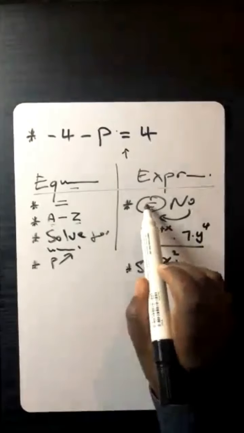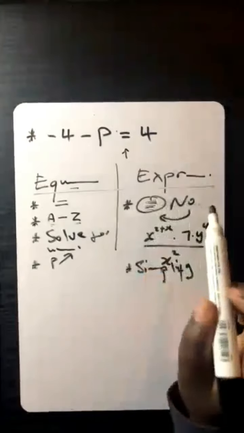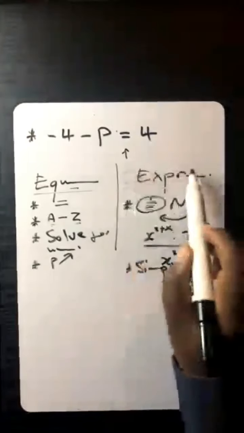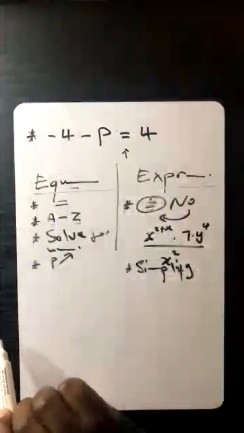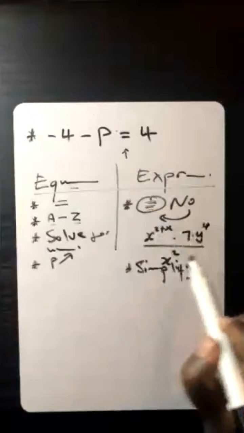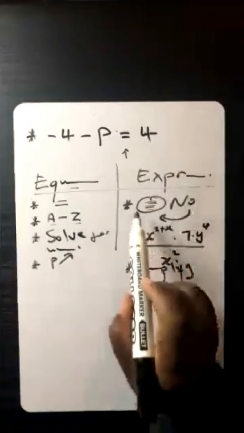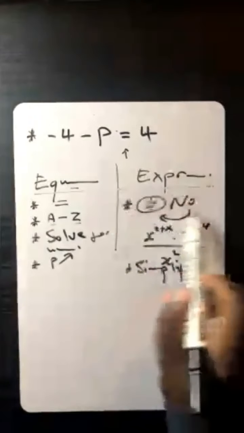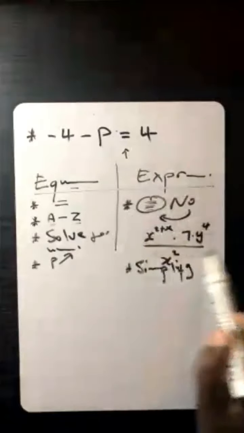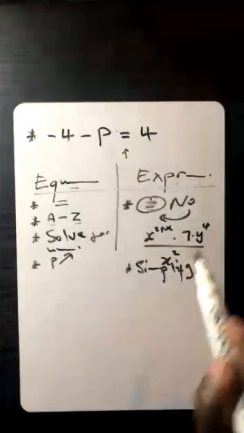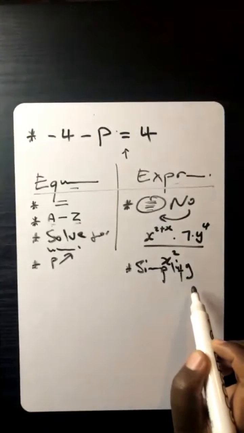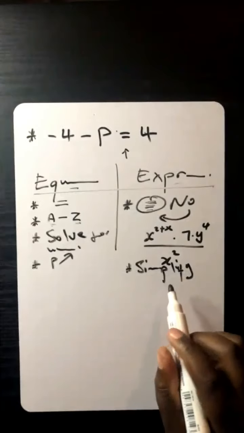If you don't see an equal sign on the given mathematical problem, you know it's an expression. If you see an equal sign, you know it's an equation. Then you follow all of this. But otherwise, for this one, which is an expression, you don't have an equal sign over there, which means it's an expression. Then you must simplify. So when you simplify, what exactly are you doing?